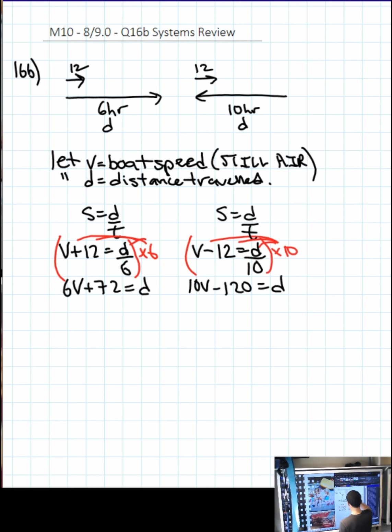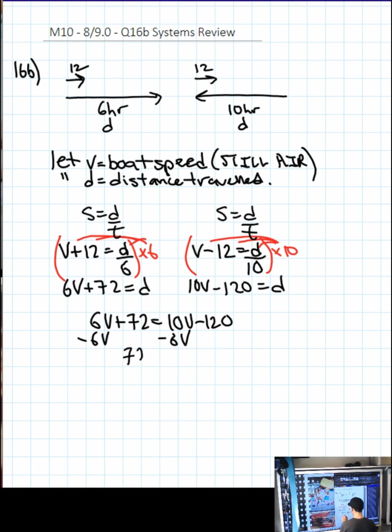Now if 6v plus 72 equals d and 10v minus 120 equals d, then we can make these two equations equal to each other. So 6v plus 72 equals 10v minus 120. We can subtract 6v from both sides.